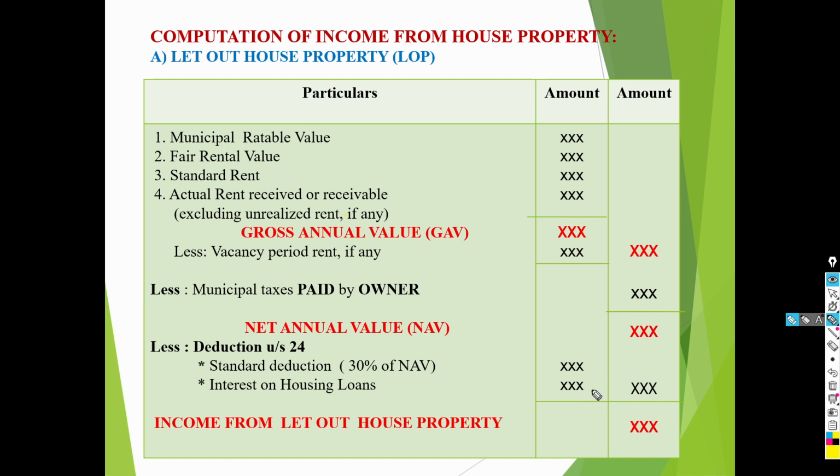In case of let out house property, whatever interest on housing loan for that particular house property, you can deduct under section 24. There is no limit for deduction of interest on housing loan in case of let out house property. After deducting deductions under section 24, you will get the income from let out house property for that particular previous year.